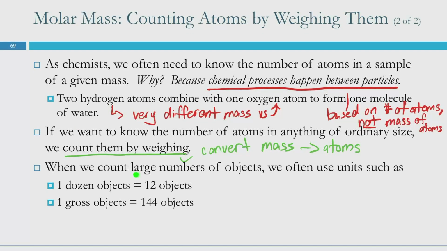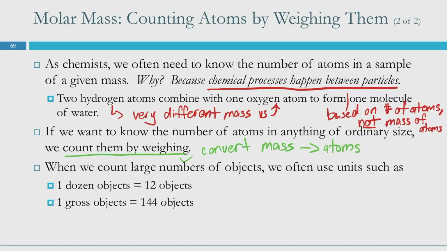So when we count large numbers of objects, you may be familiar with units like a dozen. If you're going to buy donuts for a big party in the morning, you might order a couple dozen donuts, and a dozen is 12 objects. A gross is a dozen dozens, so a gross is 144 objects, and that's a lot.